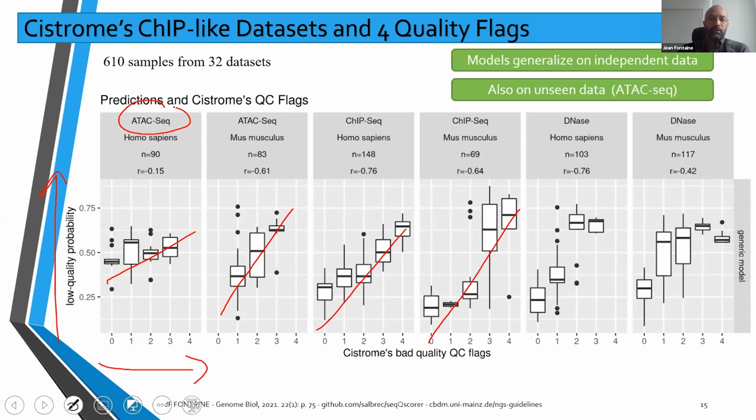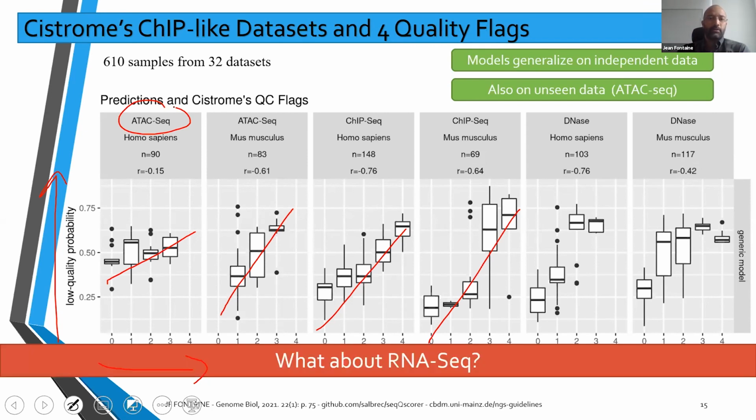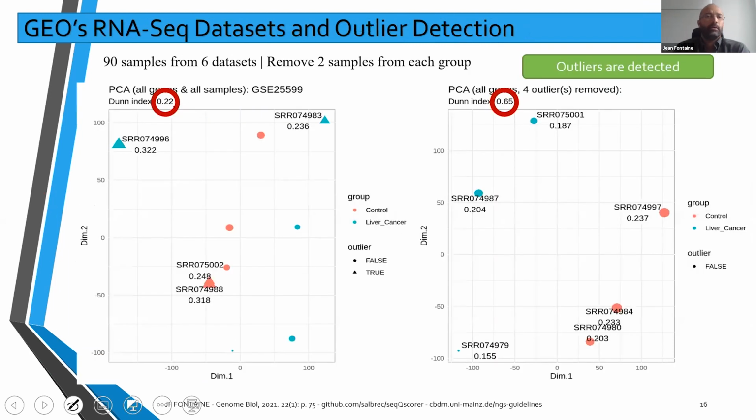But what about RNA-seq? Because this Cistrome database does not have RNA-seq data. So for that, we went to another database, GEO repository, for any type of biological data and without any specific quality control procedure. So we took 90 samples from 6 data sets.